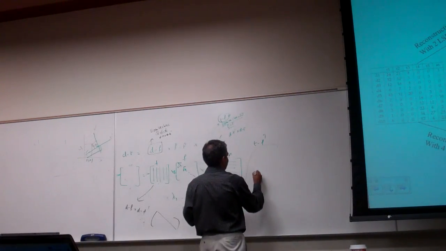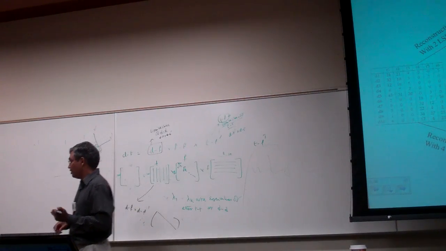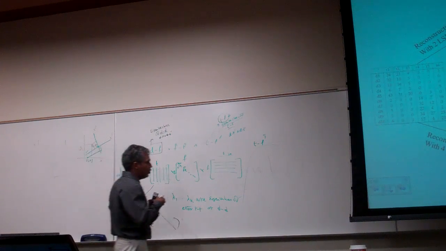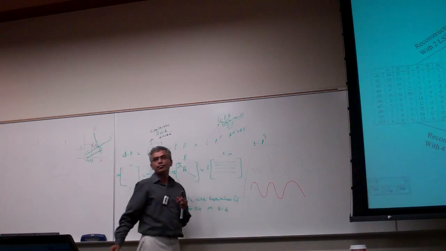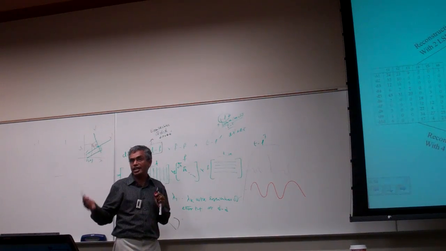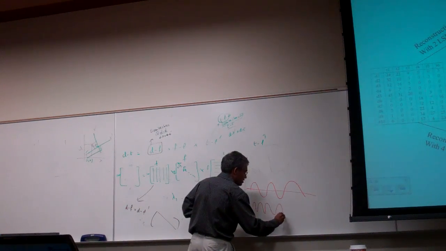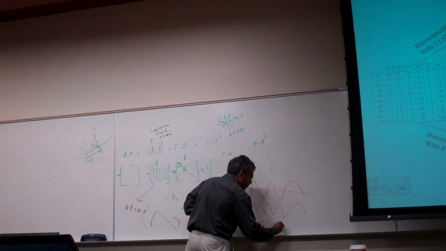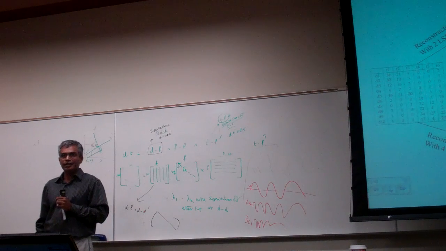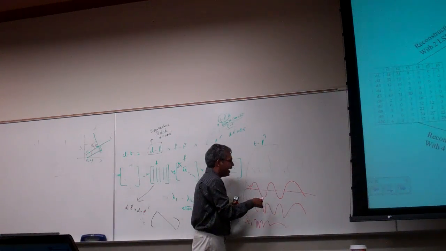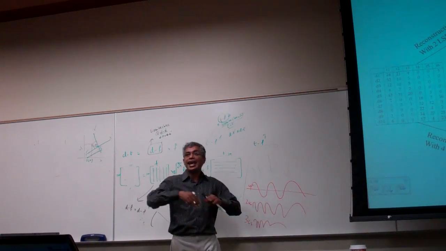So you have a signal of that kind of form, and you are going to split it into a unit amplitude sinusoid of this frequency, and a unit amplitude sinusoid of a faster frequency, and a unit amplitude sinusoid of an even faster frequency, and so on. So omega, 2 omega, 3 omega, etc. So you essentially are saying this crazy signal is an infinite linear combination of these happy sinusoids.